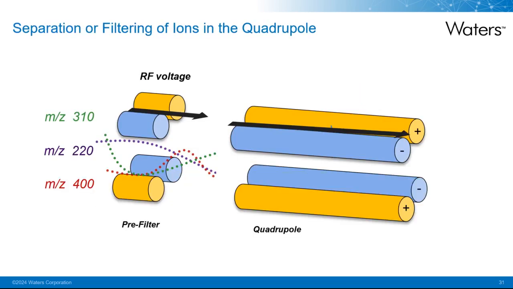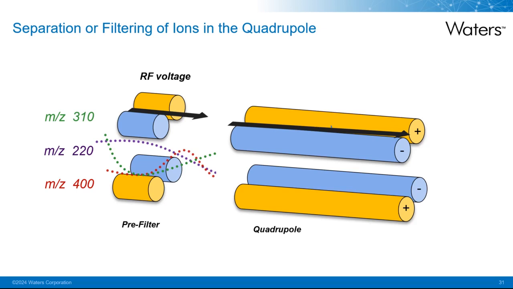Ions that are generated in the source pass through the transfer ion optics, which focuses the beam to enter the quadrupole. The ion beam is likely to be a mixture of chemical species with different mass-to-charge ratios. For example, here we have ions with mass-to-charge 220, 310 and 400.